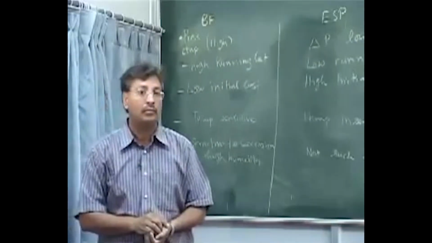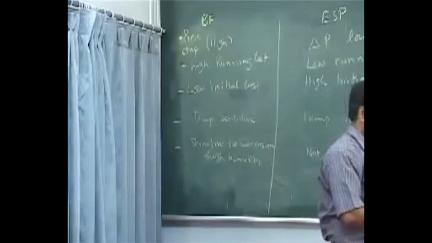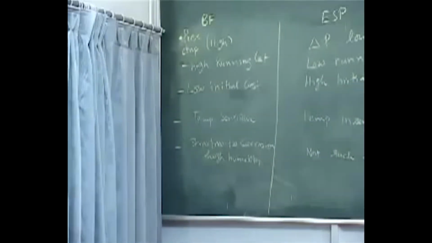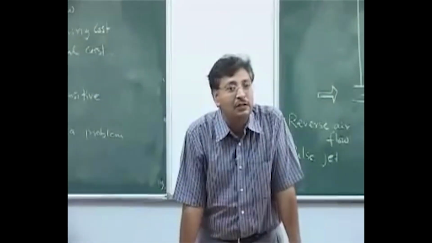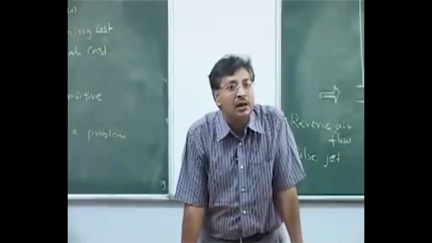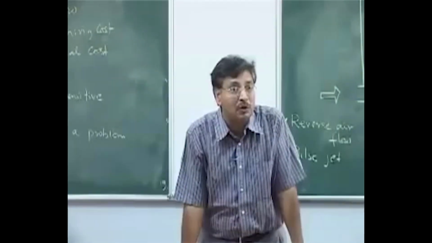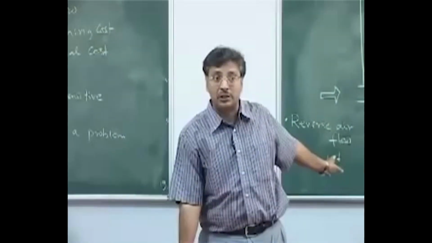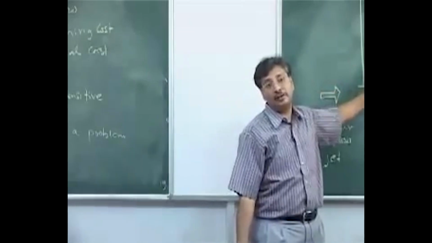Running cost in the case of ESP, there also we can consider it, right? Because of the power requirements. Comparatively, again, we are not giving the numbers, but the question is well taken. The cost of running this one is not so high, depending on the power plant you are dealing with. That cost is very small, but here the cost of blowers and the pressure drop is really very high.